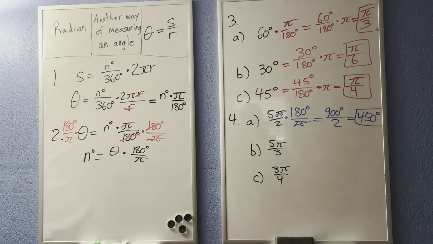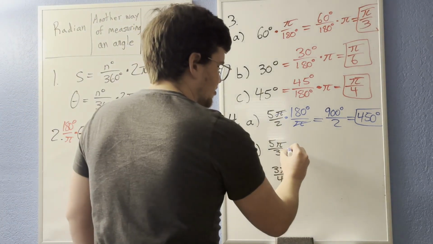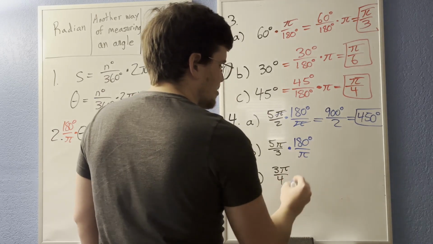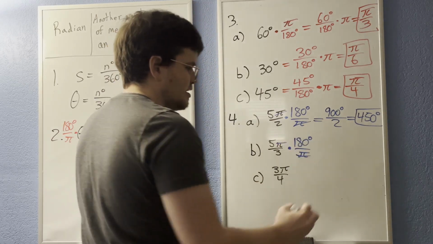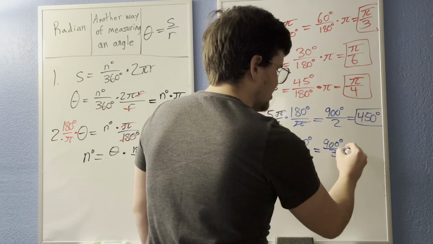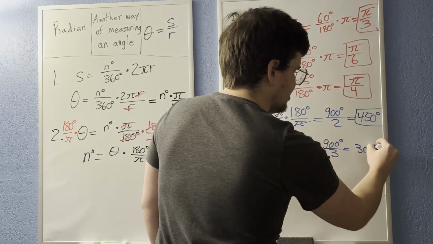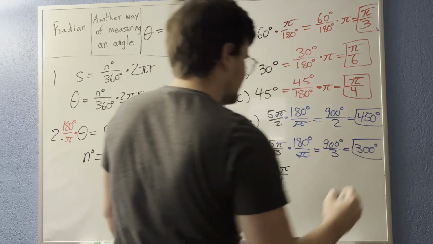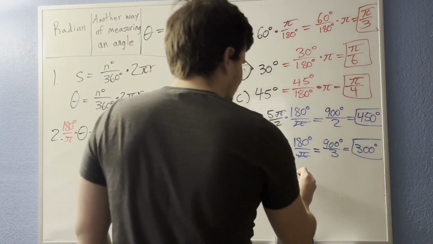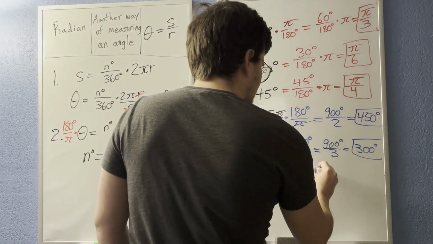Okay, on to 4b. We've got 5 pi over 3. And I'm going to degrees, so we're going to have times 180 over pi. Those pi's cancel again. We're going to get 900 over 3, which is 300 degrees. And for that last one, for C, we're going to multiply by 180 over pi.